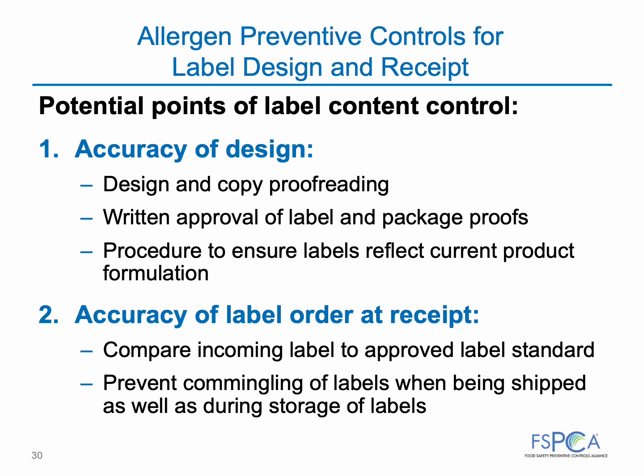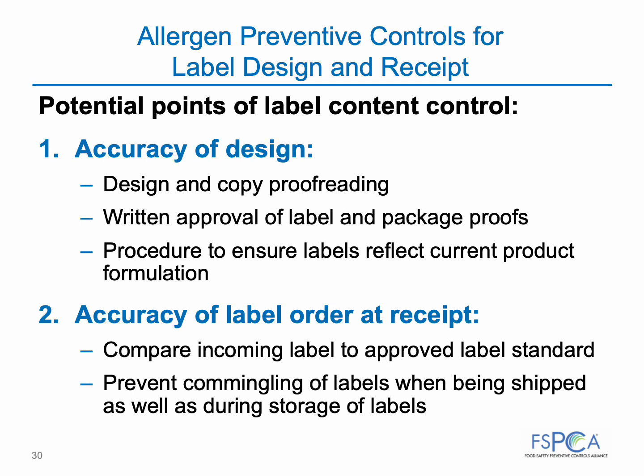Proofreading label text is a useful tool to prevent errors, and some organizations consider this a preventive control. If the label is complicated, use more than one person to proofread and consider developing a written approval process to better ensure accuracy. Standard operating procedures should ensure that labels reflect the current formulation being made.